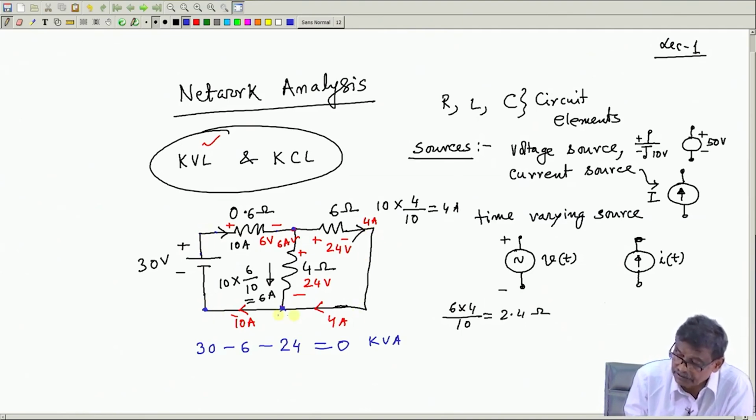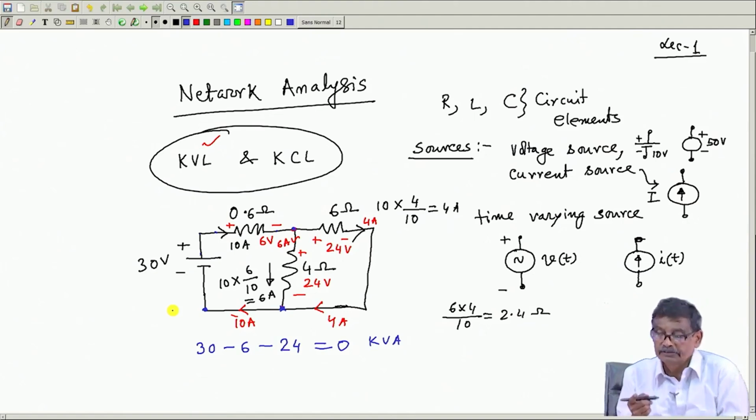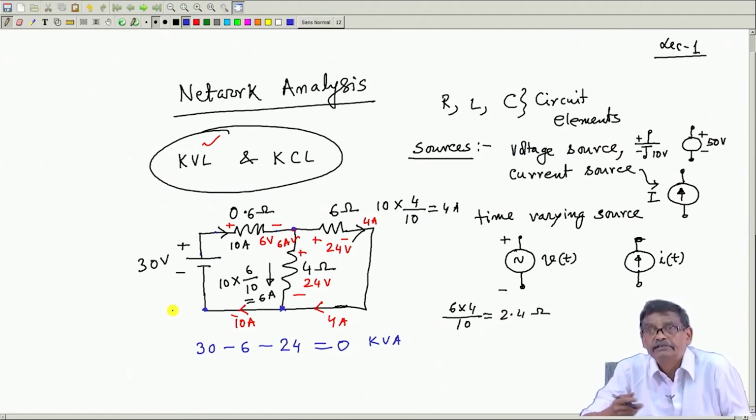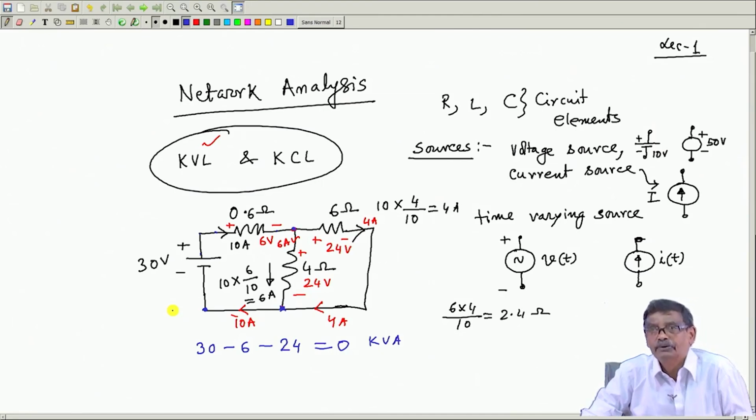Suppose the closed path is chosen here, this bigger outer loop. For any closed path, KVL says that the algebraic sum of the voltages appearing across the sources or circuit elements must add up to 0.